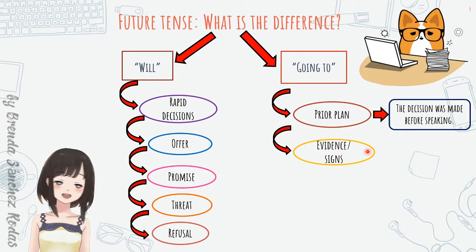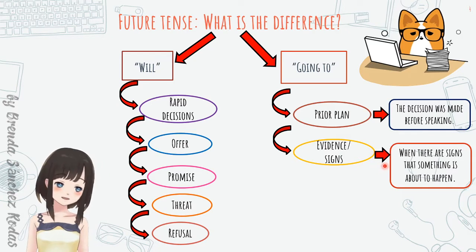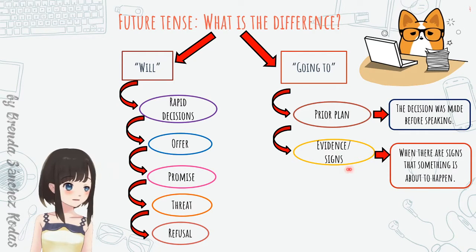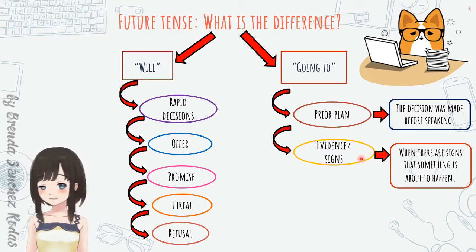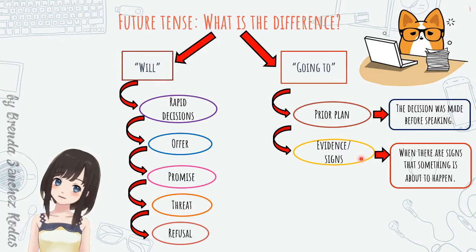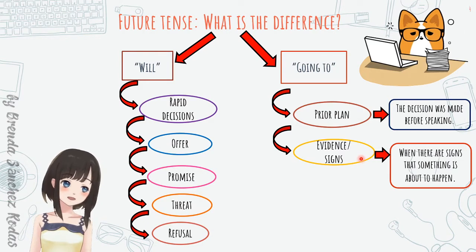And we use it for evidence and signs. So when there are signs that something is about to happen. When you are planning something but it's not very sure, but there are some signs or clues that it's going to happen in the near future, okay?